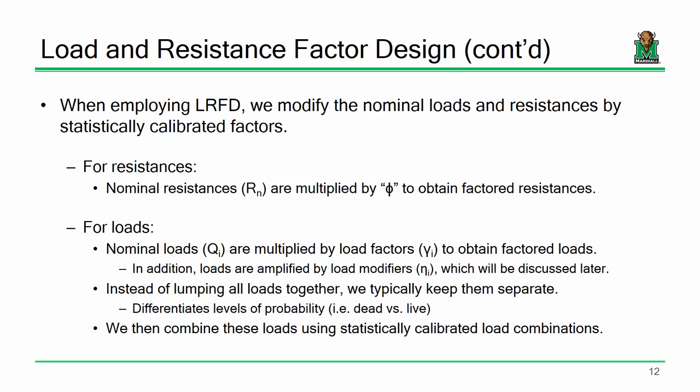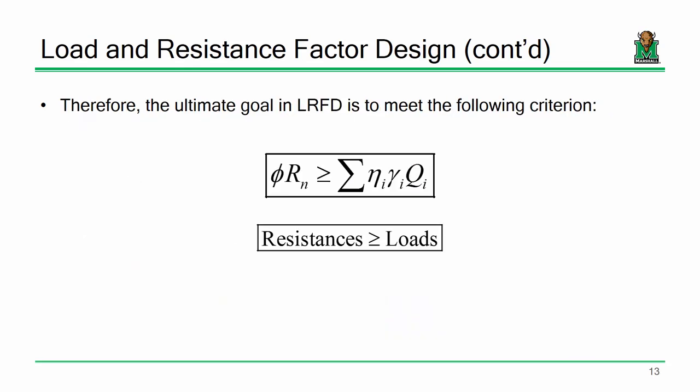We then adjust that by a phi value to obtain a factored resistance. That's the one we can use for design. Likewise, on the loads, we calculate these nominal loads, or in other words, our best estimate as to what those structures are actually seeing. Then we bump them up a little bit to account for that uncertainty. All right? Ultimately, what we'll get is an expression that looks like this, that your design resistances have to be greater than or equal to your design loads.